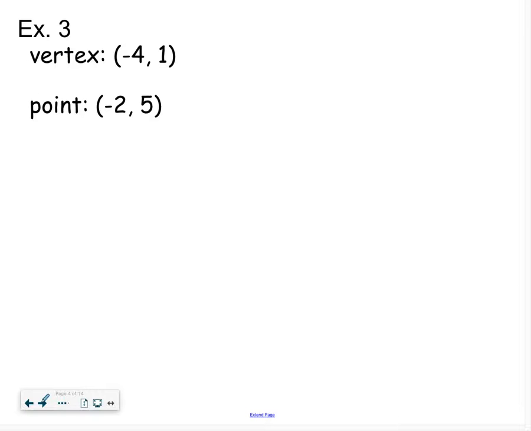So if it helps you to write out vertex form, I would do that. Why don't you try it? You can do it. So write out your vertex form.